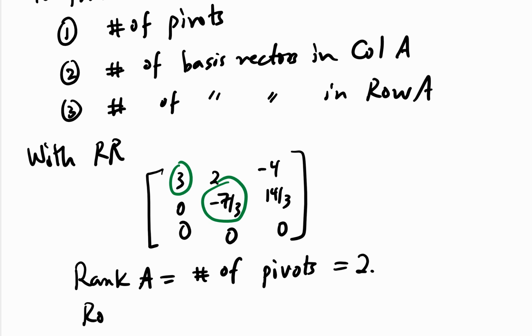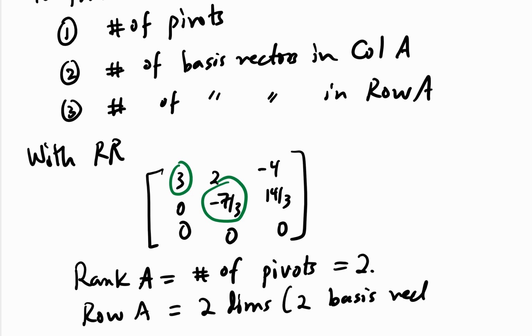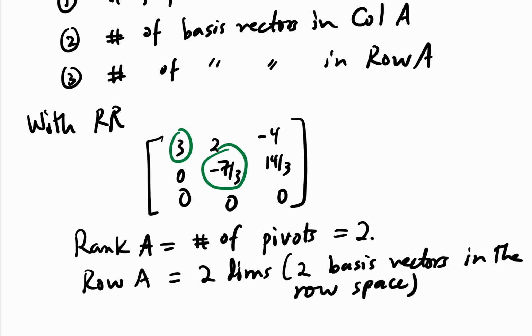Note, the row space of A is 2 dimensions, the 2 base vectors in the row space. There are 2 non-zero vectors.